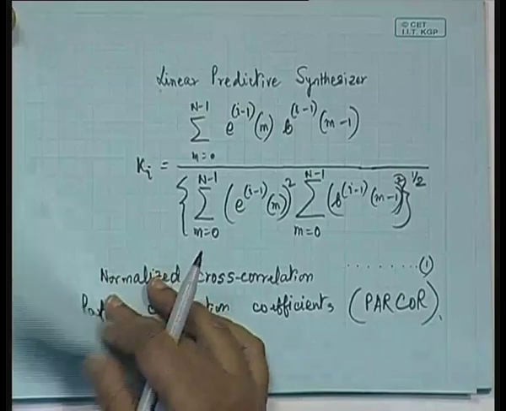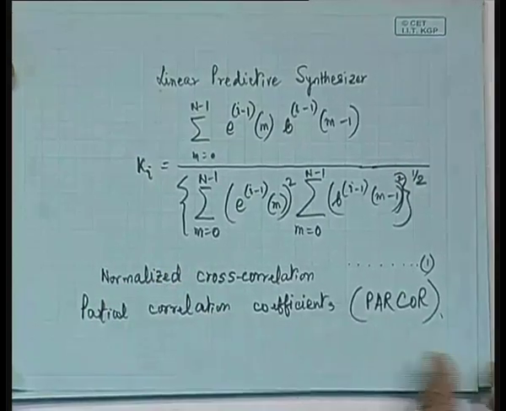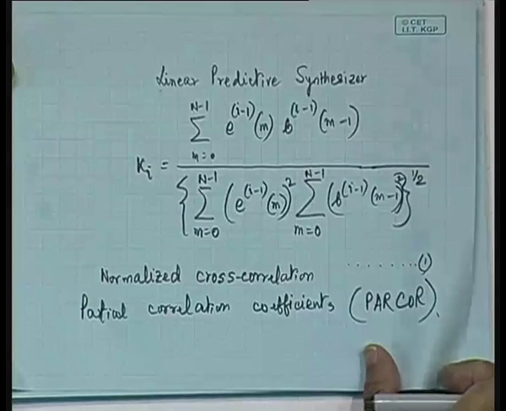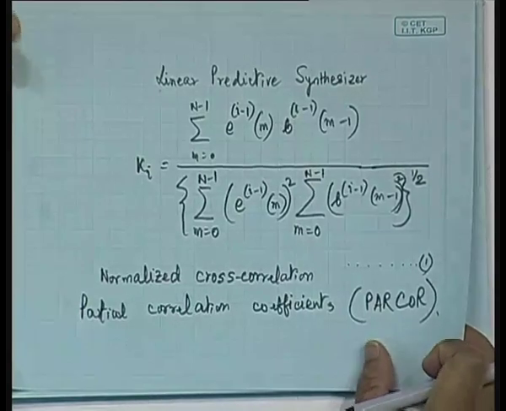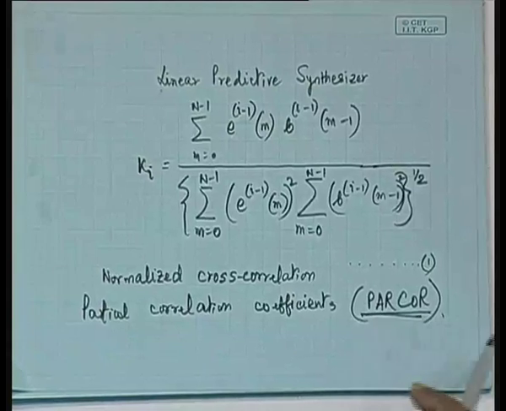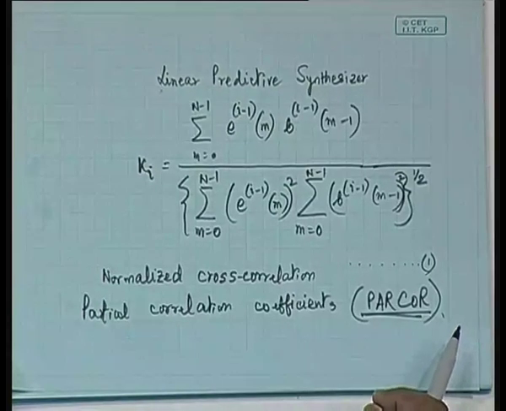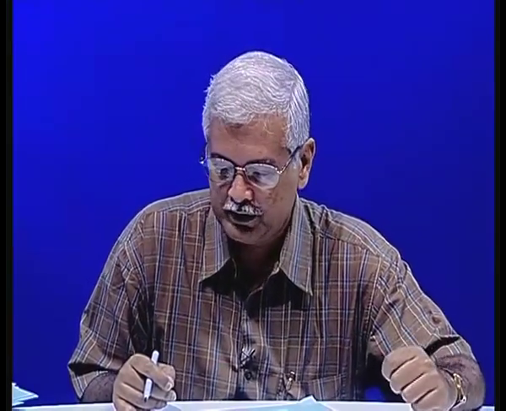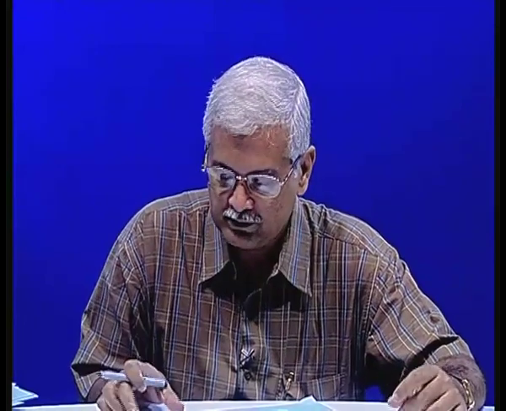Now, this PARCOR basically gives us an alternative way of computing the matrix inversion, right. That is quite obvious.